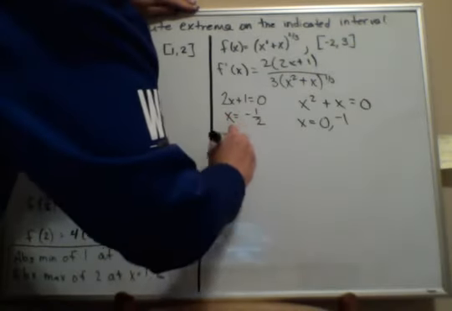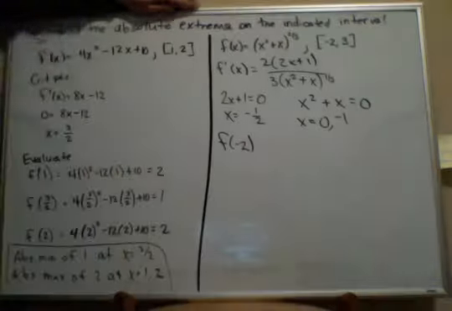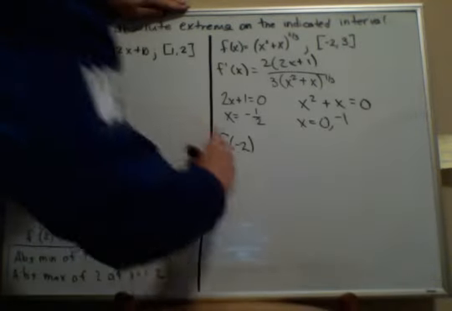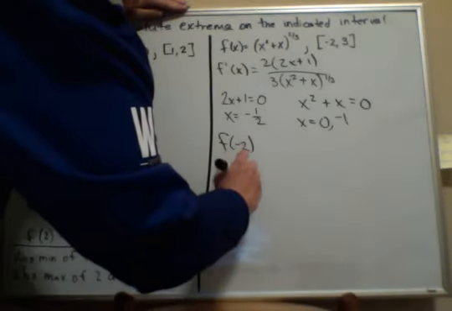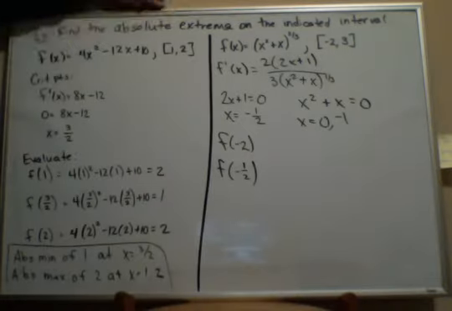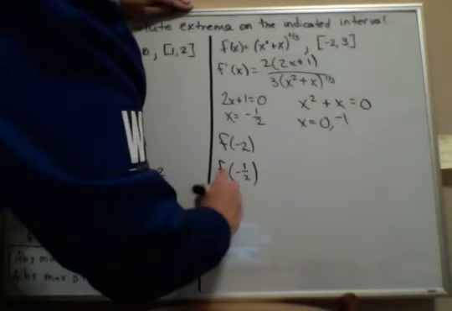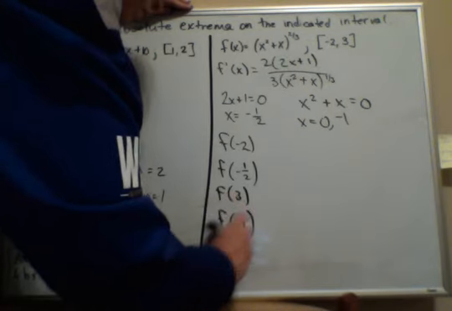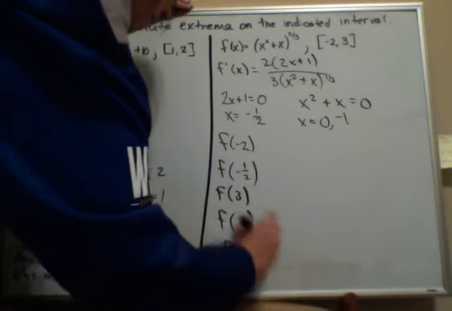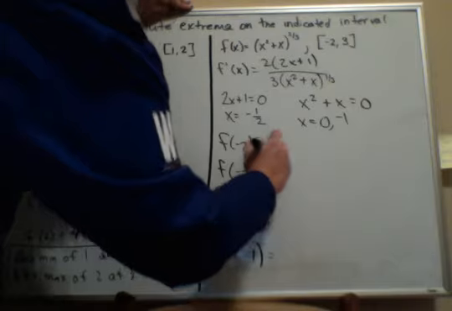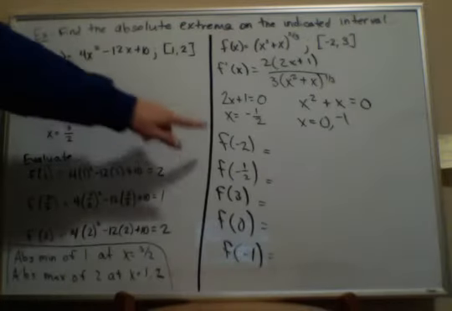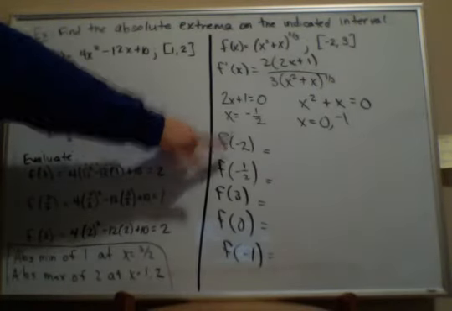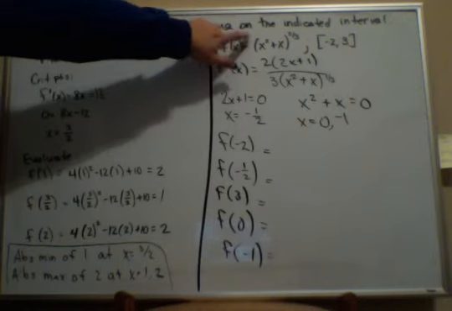Now, again, in the interest of time, I'm going to kind of just run through some of these, knowing that you all know how to evaluate functions. So there are all the evaluations that we need to do. Keep in mind, when we do this, we're going back to the original function to evaluate.